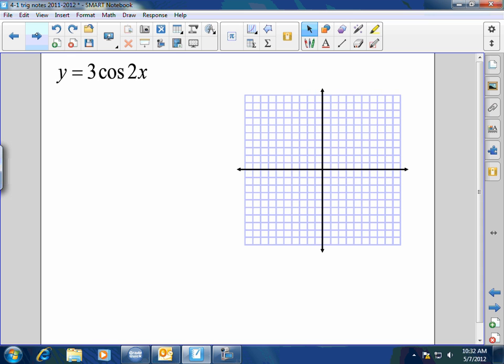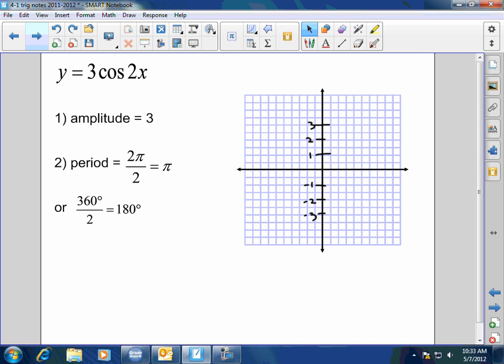Okay? Now, cosine graph. Let's run through this right quick. The amplitude is 3. So I'm going to go this time, that's 1, that's 2, that's 3. It's negative 1, it's negative 2, that's negative 3. Next thing I'm going to check out is my period.